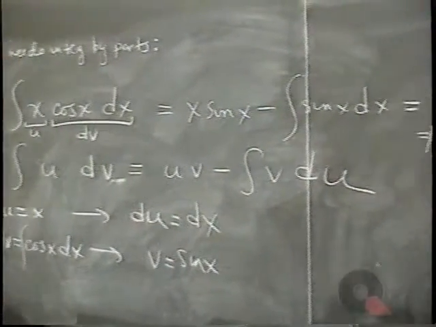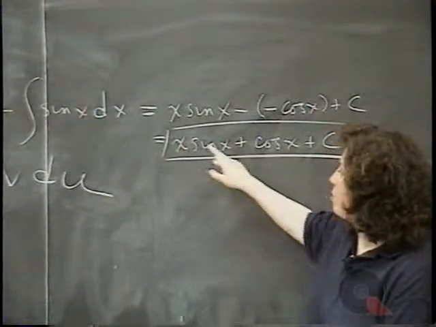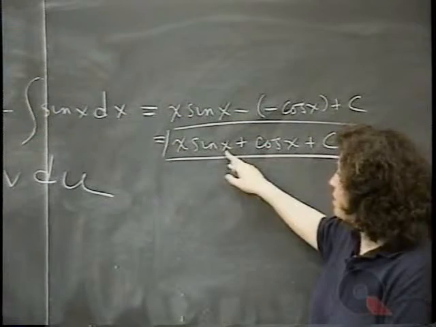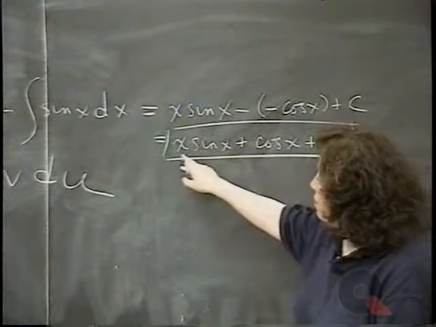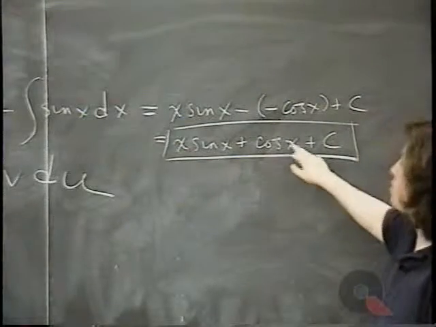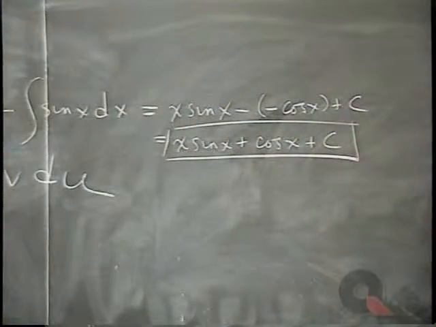Okay, and this of course can be checked by differentiation. The product rule, the derivative would be x times the derivative of sine x, which is cos x, plus sine x times the derivative of x, which is 1, and then the derivative of cosine is minus sine x, so you wind up with just the x cos x.